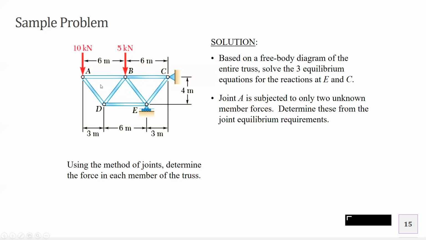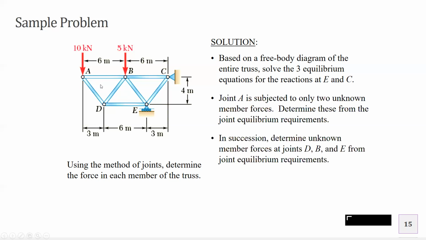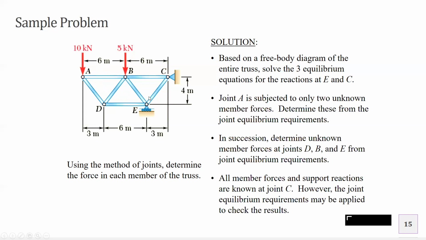So the way we do this is we're going to look at every single point, starting with A, then moving to D, then B, then E, and then finally C. Once we get to C, however, we'll have already learned everything else, so we don't even have to do C. Technically, we're only going to have to do 4 free body diagrams, because we'll know B and E, and the forces in the members at B and E are going to be identical.